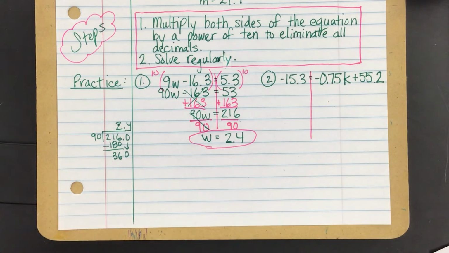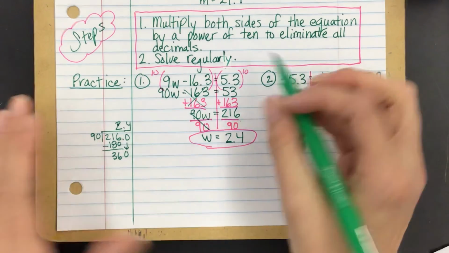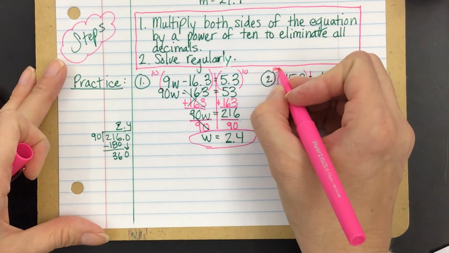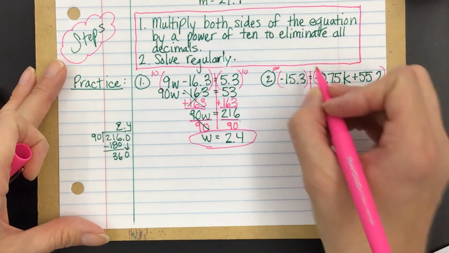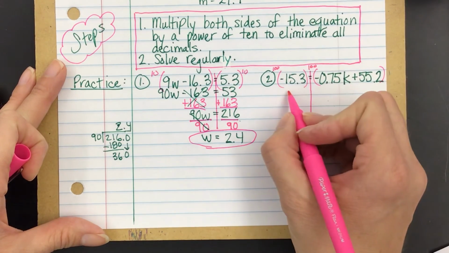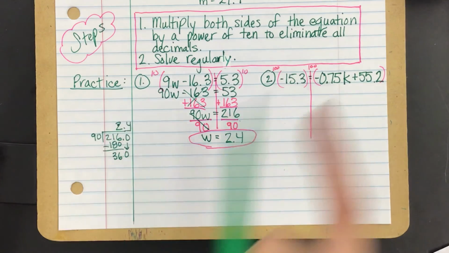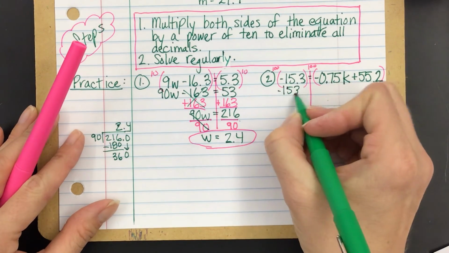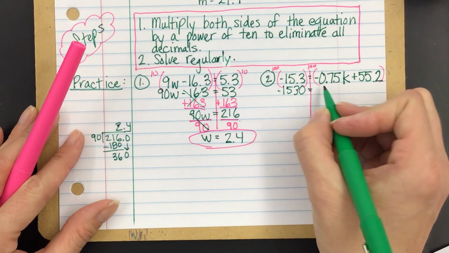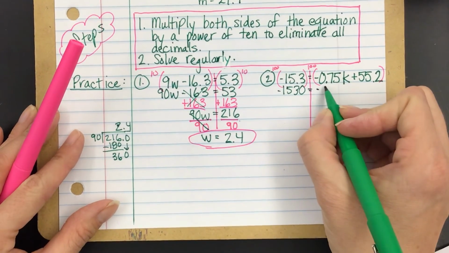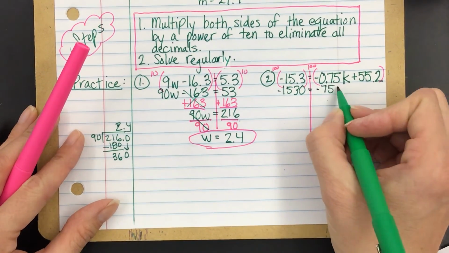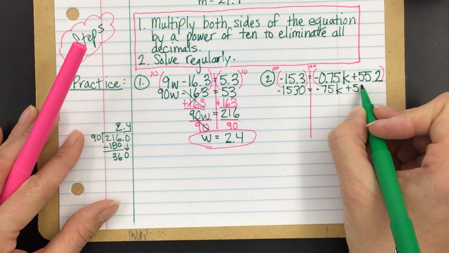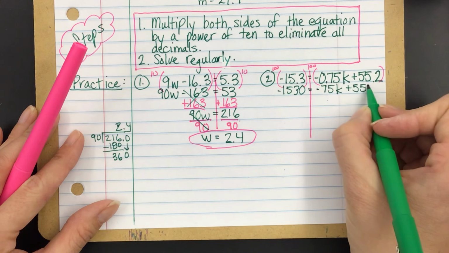I would like to get rid of all my decimals all at once, so I'm going to multiply by 100 on this. So this is going to be negative 1,530. This is going to be negative 75K. And this is going to be 5,520.